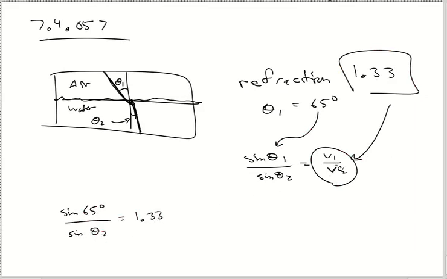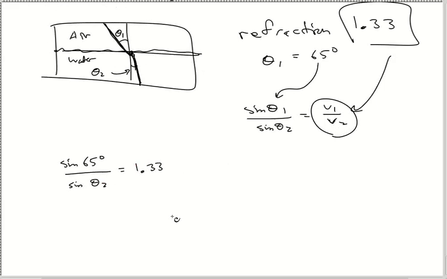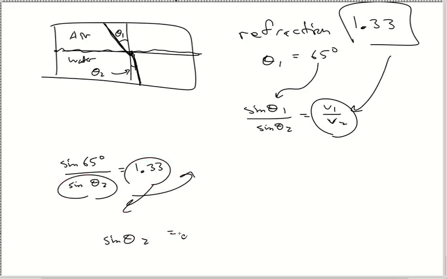That whole entire ratio turns into a 1.33. Don't even try to plug in individual stuff. It's already done for you. Cool. Well, then to solve for theta 2, I'm going to move this guy over, divide by over here. I got this now.